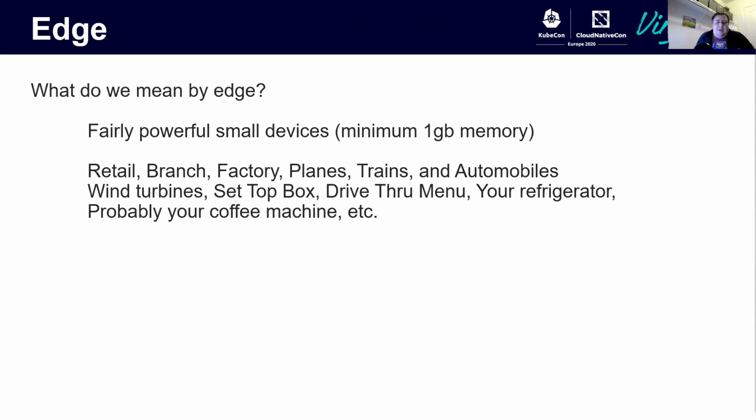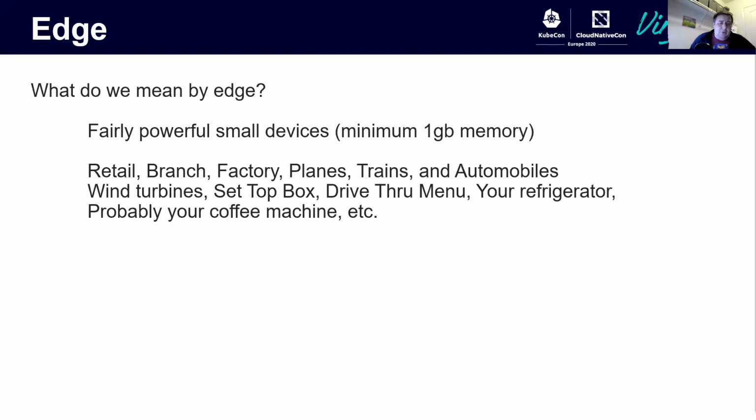But when I talk about Edge, what is it that I mean? It's really not IoT devices and these really, really tiny devices. That's too much right now. So we're looking at fairly powerful small devices. So minimum 1 gigabyte of memory. So this is in your Raspberry Pi realm, going up.